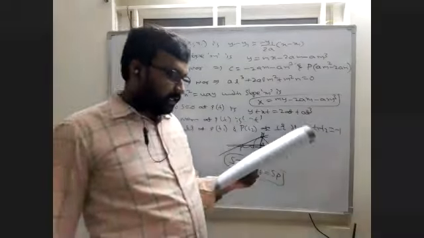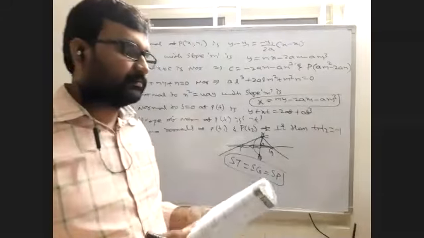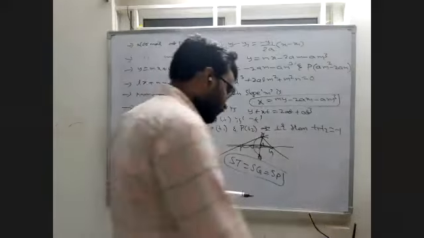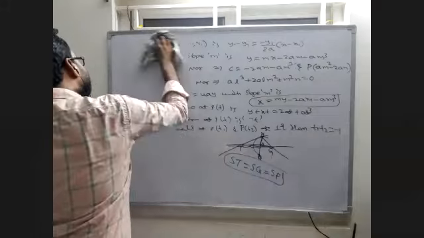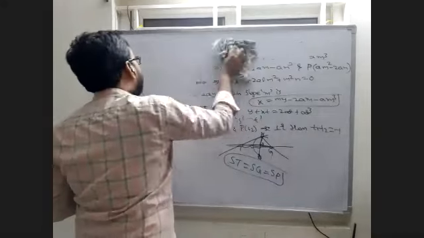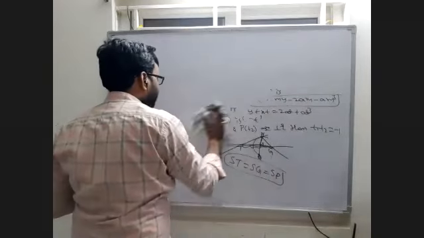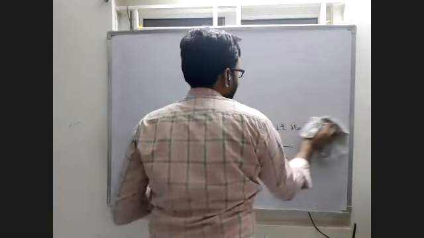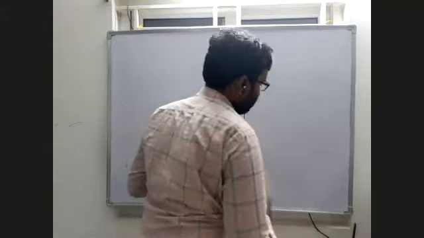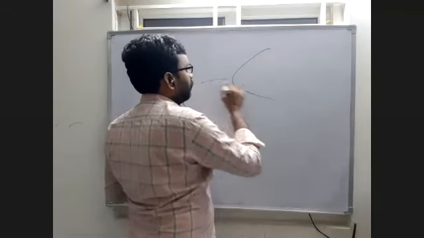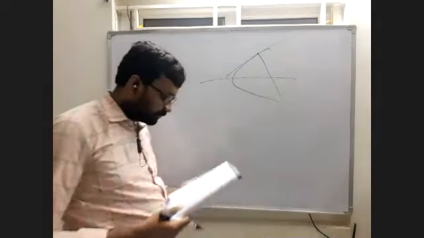Next, if the normal at the point P of t of the parabola subtends a right angle, this also we have as a question. Tangent, normal. So it is saying what?